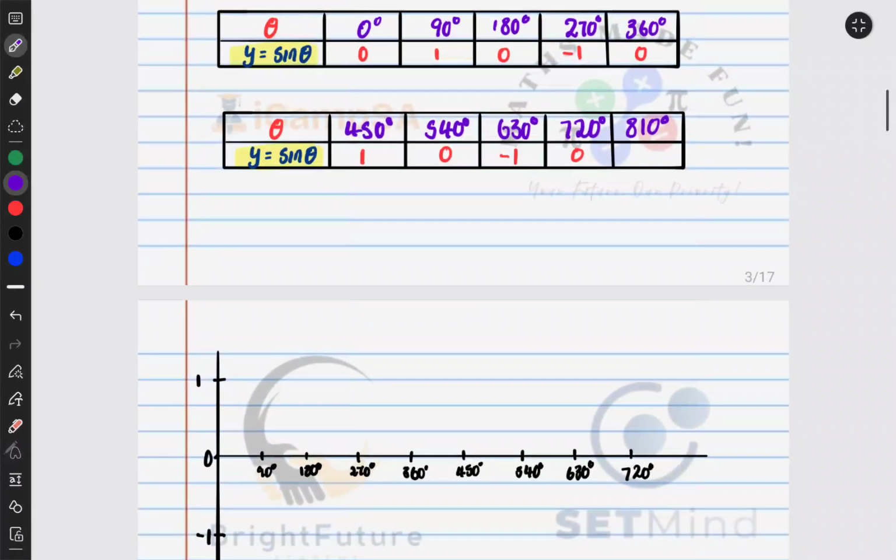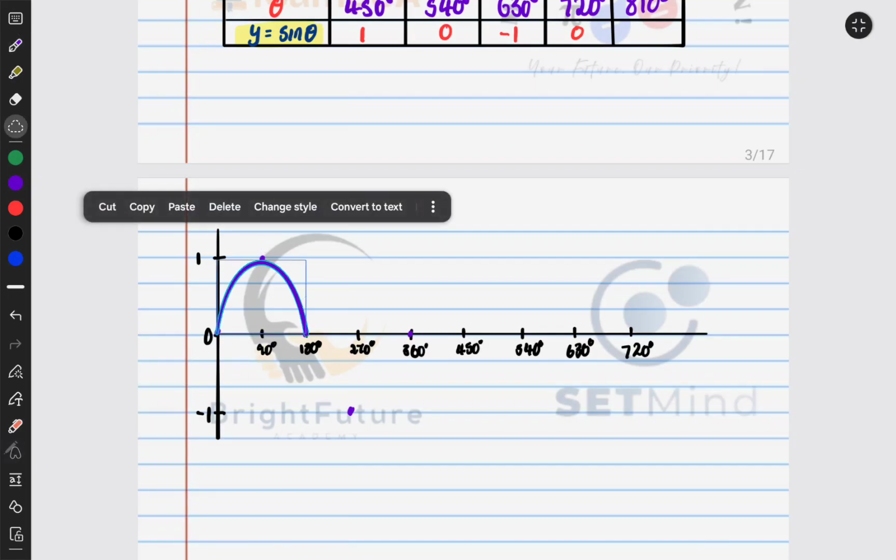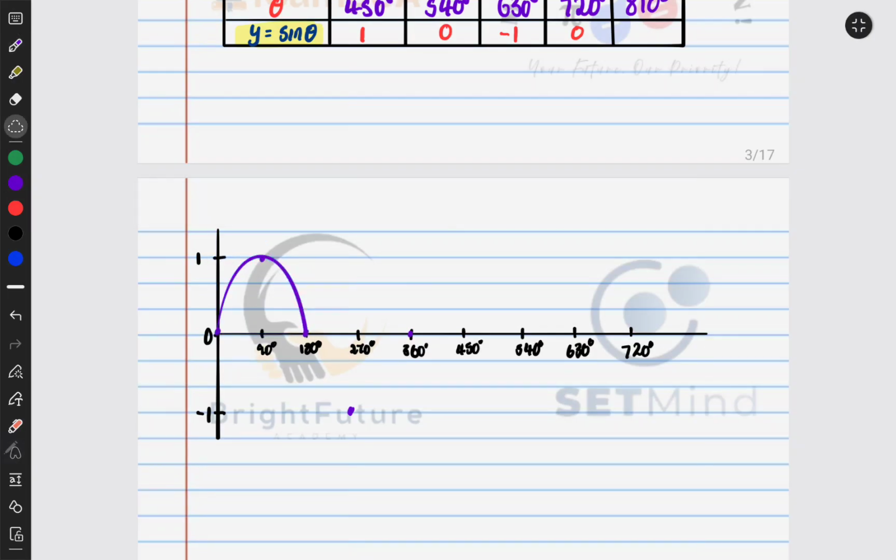Okay, let's plot our points. We're going to have 0 and 0. We have 90 and 1. We have 180 and 0. We have 270 and -1. Then we have 360 and 0. That is for the first round. Okay, stretch it a little bit, like that.